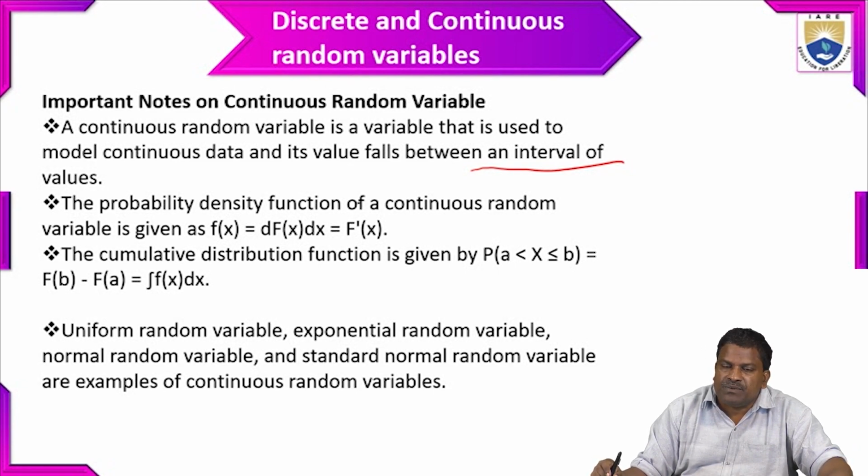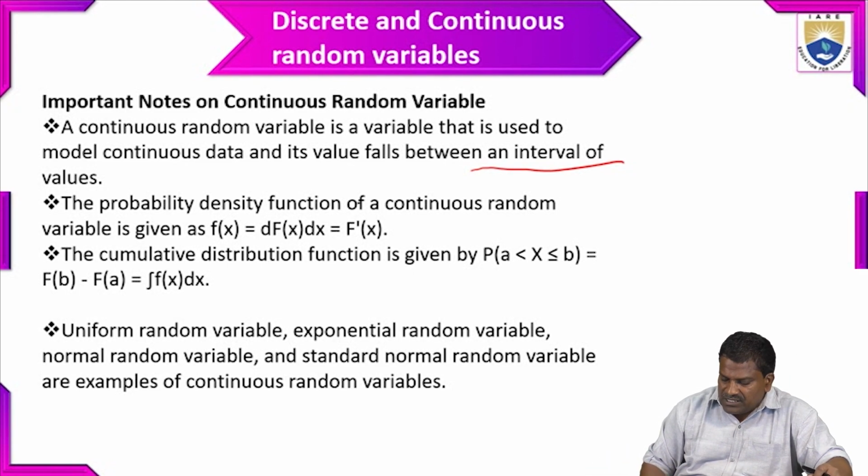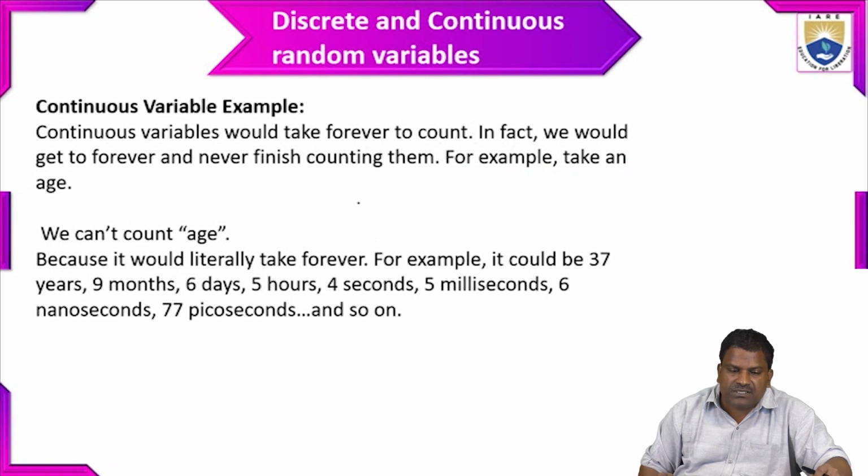So what are the examples of continuous random variables? Exponential, uniform, normal, and standard normal random variables. All these come under examples of continuous random variables.